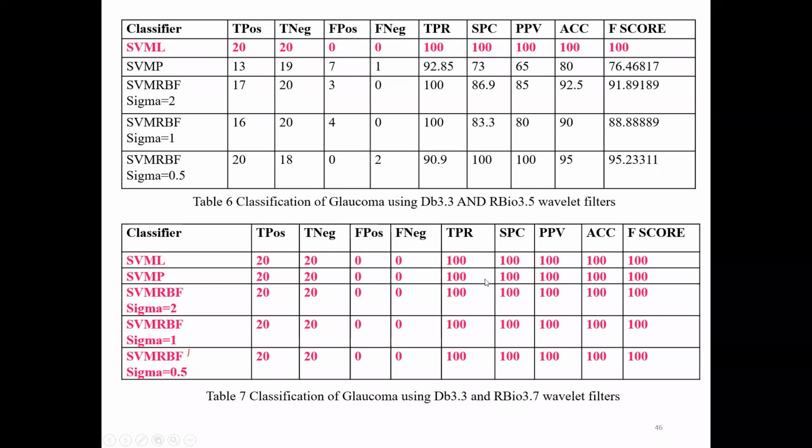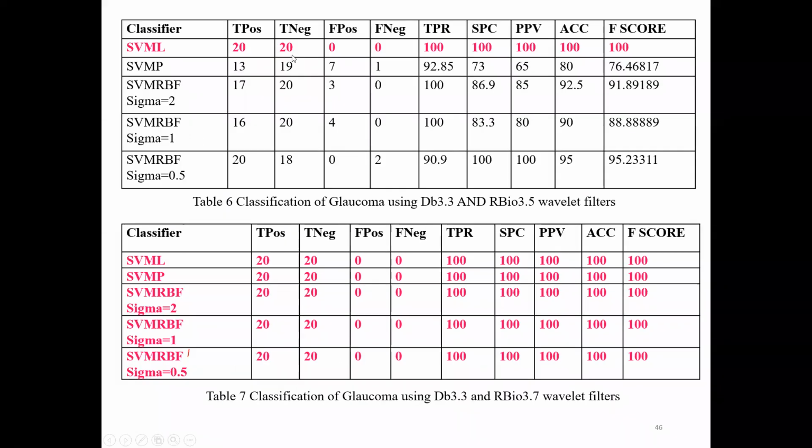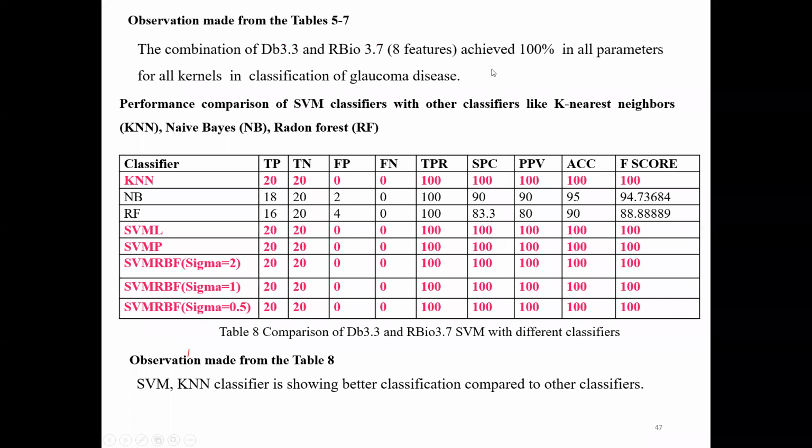You observe that this particular combination is a good combination that is giving very good results. That's the observation that can be made. So the observation from these tables: the combination of dB 3.3 and RBIO 3.7 features achieved 100% in all parameters for all kernels in the classification of glaucoma disease.